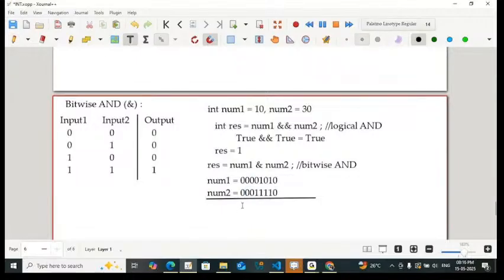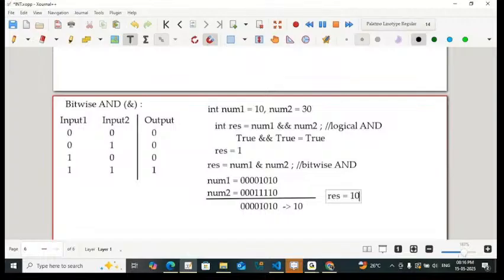So 0 and with 0 will be 0. Again 0, again 0. This is 1, this is 0, this is 1, this is 0. Okay. So this ends up giving us 10 as the output. Your result gets the value 10. So that is how you perform the bitwise AND.